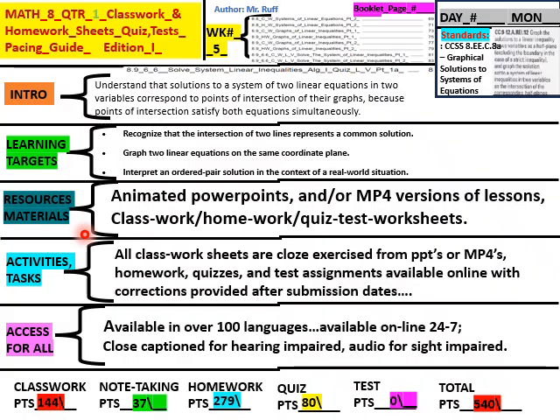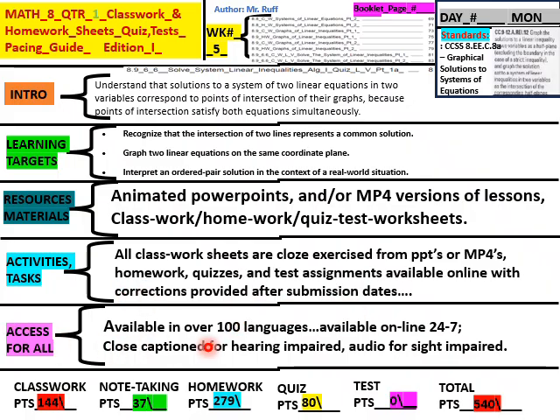Resources and materials: animated PowerPoints, and MP4 versions of lessons, classwork, homework, quizzes, tests, worksheets, activities, tasks. All class worksheets are closed exercises from PowerPoints or videos. Homework, quizzes, and test assignments are available online with the corrections provided after submission dates.